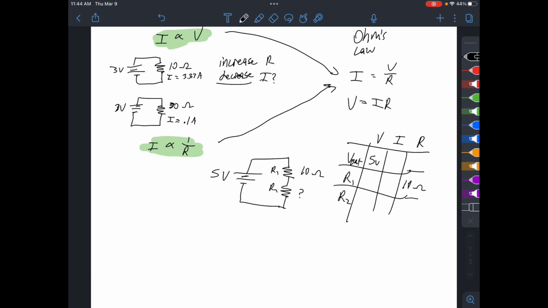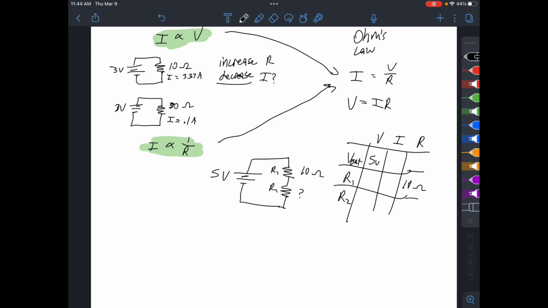So when you're doing these types of problems and finding missing values, you need to also remember the properties or the current and voltage rules when solving these. So in a series circuit, all of the currents are going to be equal, and each of the voltages are going to add up to 5.